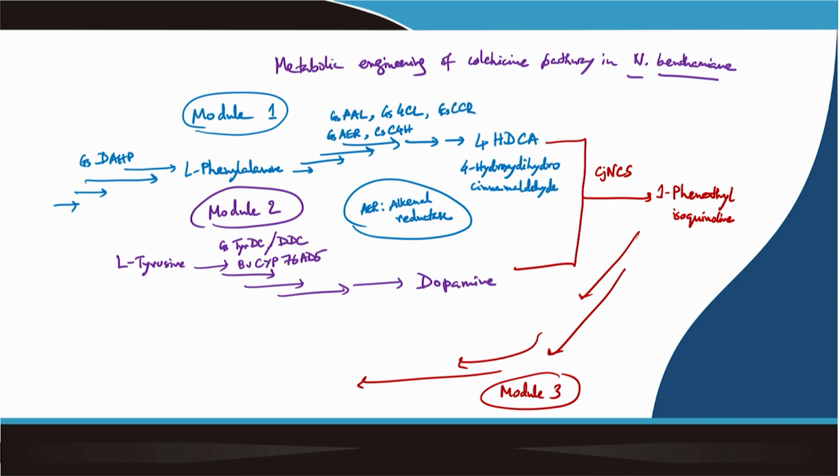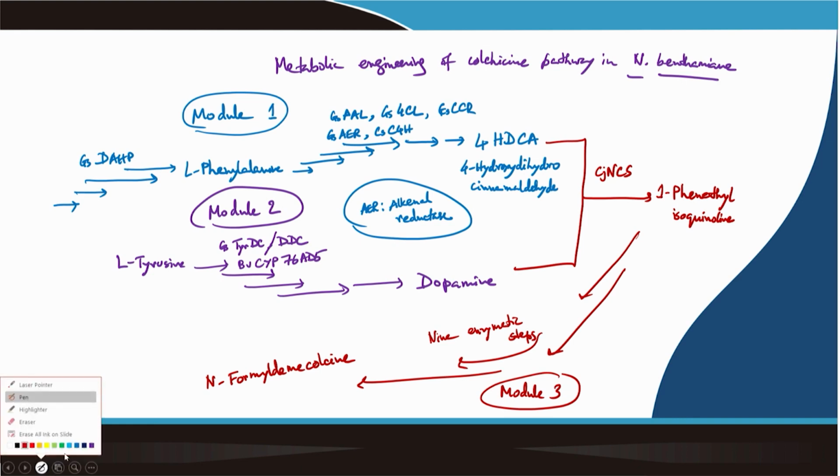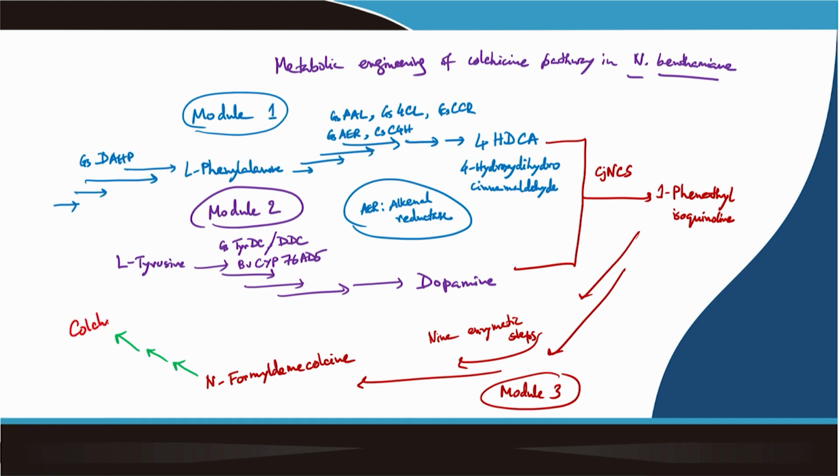So, I am not putting all the enzymes. So, 9 enzymes, and eventually it makes N-formyl demecolchicine, and this subsequently by 3 successive reactions eventually will produce colchicine.